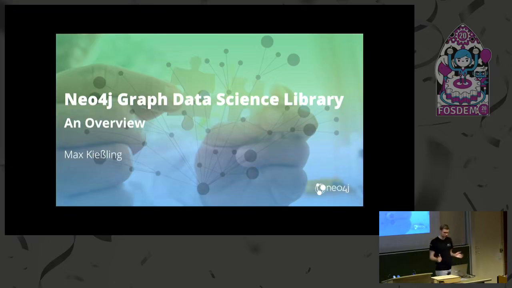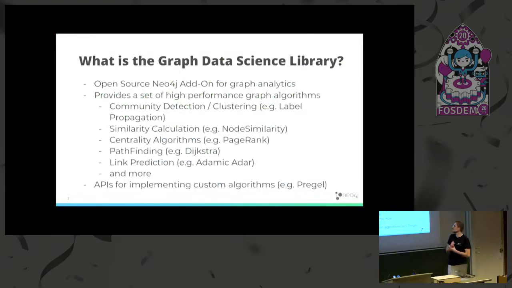For those of you who haven't used it so far, what is the Neo4j Graph Data Science Library? It's an add-on for the Neo4j database, which is a graph database, for those of you who don't know. And it allows you to run graph algorithms.